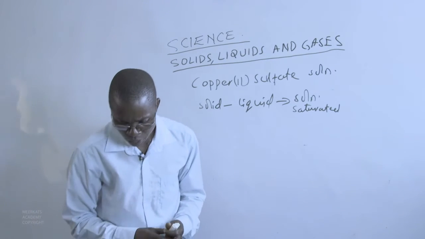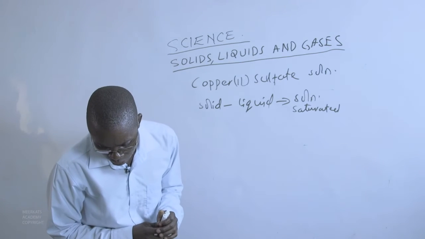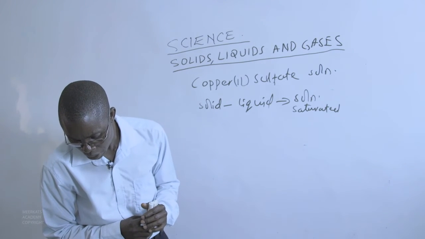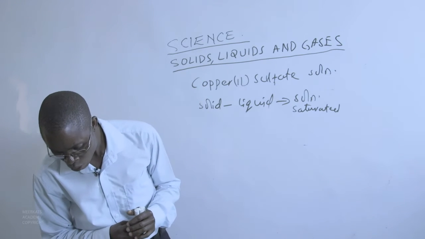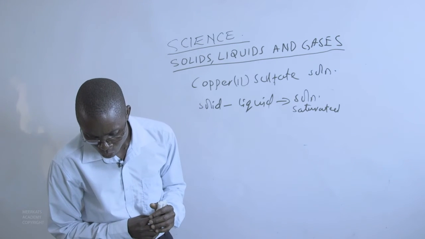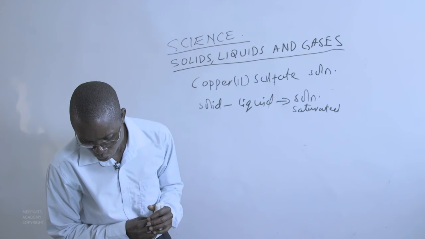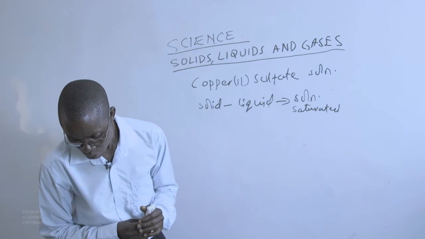Another condition is when a saturated solution of copper 2 sulphate is first filtered and then cooled, blue crystals of copper sulphate form on the bottom of the container.